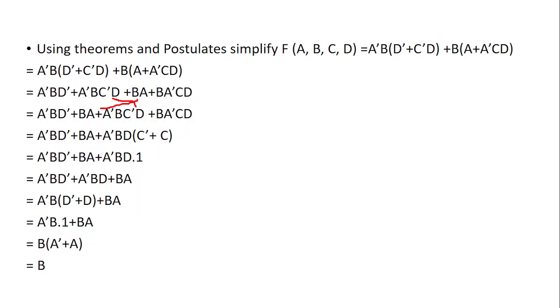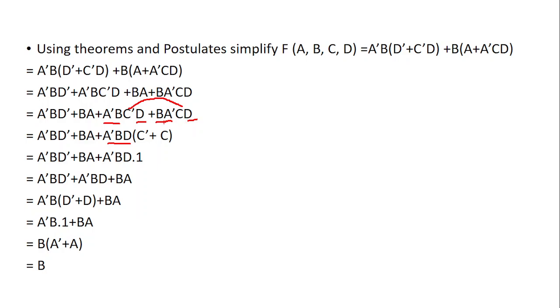Okay, this term here. Why? There is a reason for that. What you notice here is you have A bar, B and D, A bar, B and D the same, but the C and C bar is different. So take this term A bar, B and D outside, keep C and C bar.